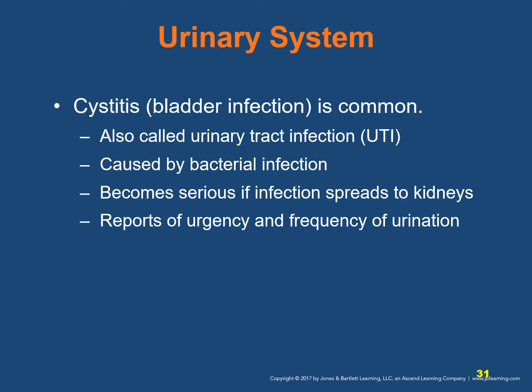The urinary tract infection is caused by bacterial infection, and the patients usually have lower quadrant abdominal pain. It's not right or left, it's centered in the lower center abdomen. They may report an urgency and frequency in urination. It can become a serious problem if the infection spreads to the urethra and then up to the kidneys.